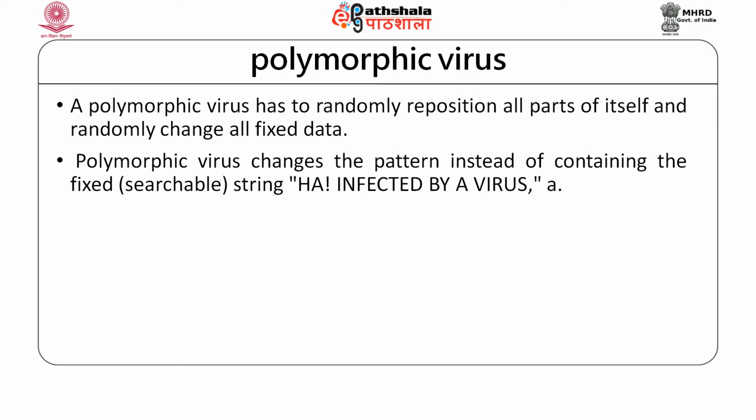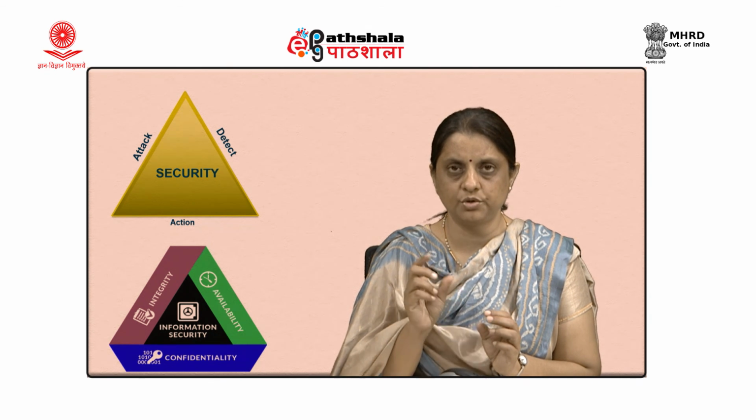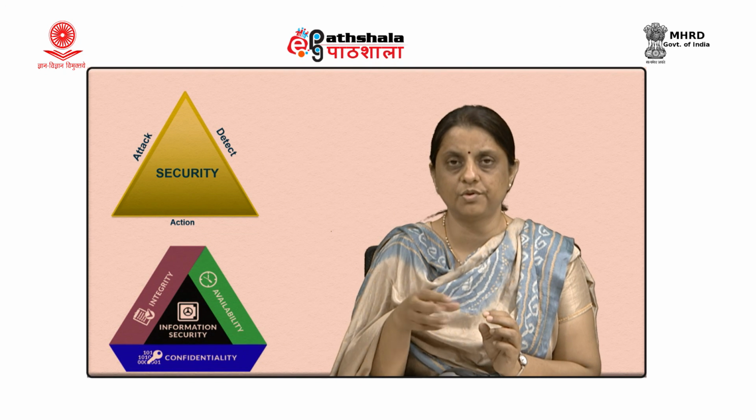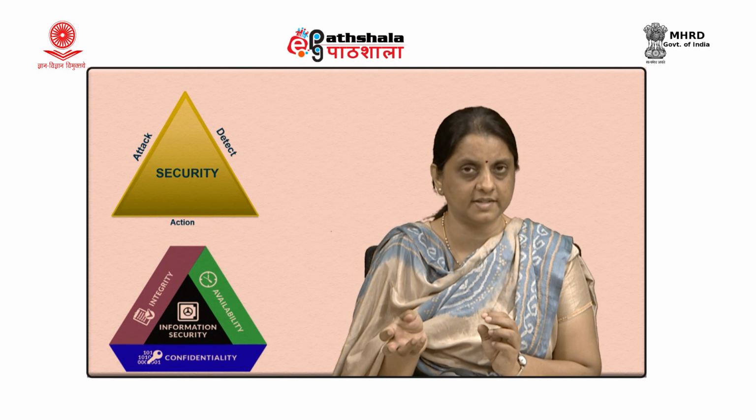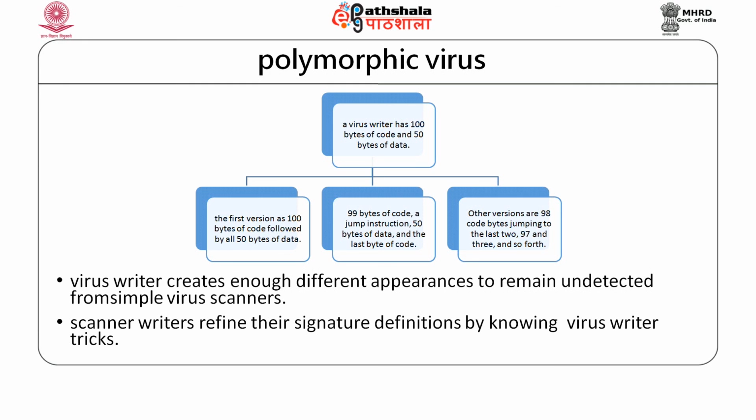As I said, if a virus has to choose one from two alternatives, it would randomly choose the first or the second. So, if there is randomness, the virus scanner has to apply all the possibilities to find out the behavior of the virus. Sometimes a polymorphic virus changes the pattern. Instead of containing the fixed string saying that it is infected by the virus, it may change the pattern.